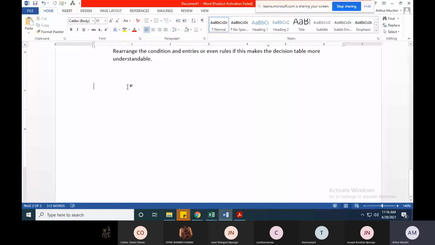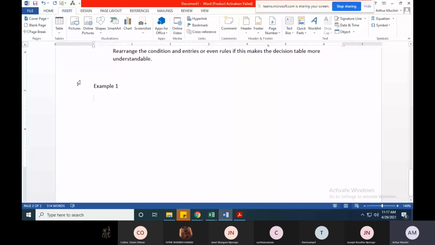Now we can have example one of how you design a decision table. Of course, if I had a whiteboard it would have been easier, but we don't have an option, so I'm going to use a table. There's an option for inserting a table, which is good.